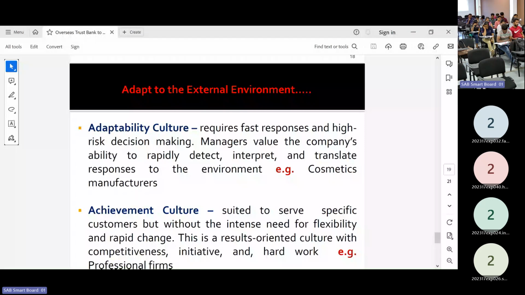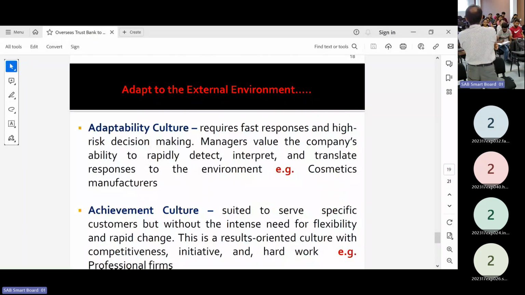But they do a lot of innovative, hardworking initiatives and try to develop competitiveness. As mentioned here, mostly professional firms might be using this one. They have a task culture and high achievement orientation. So audit firms, accounting firms, consultancy firms may be using this one.